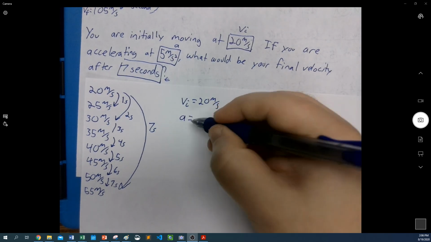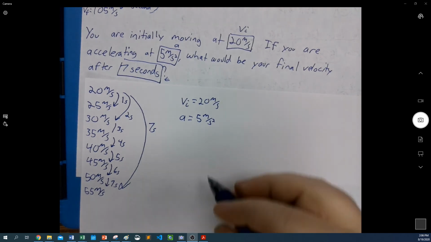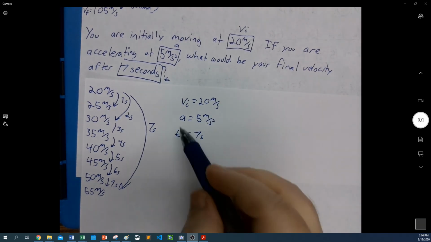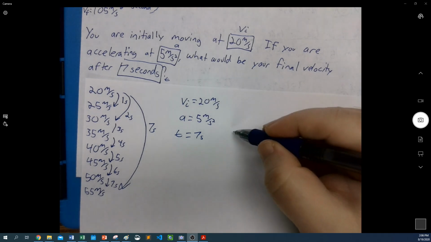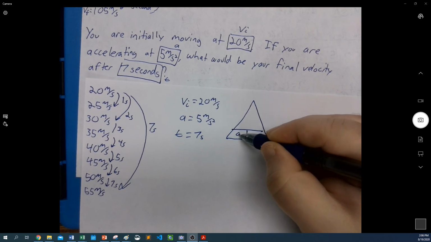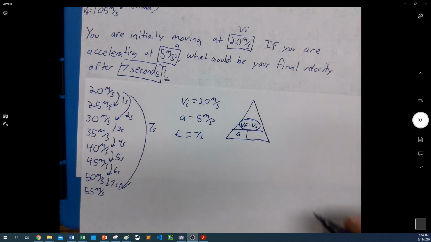Your acceleration is 5 meters per second squared. And your time is 7 seconds. Because we have an acceleration and a time, let's figure out how much our velocity would change by. So let's solve for change in velocity.